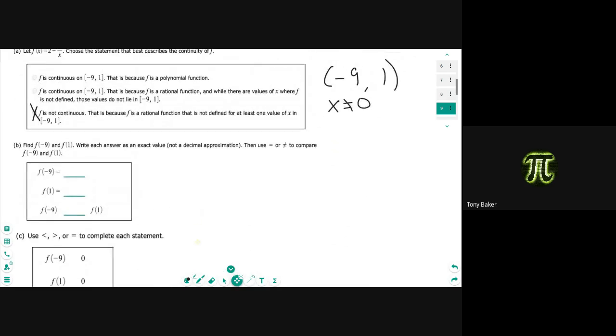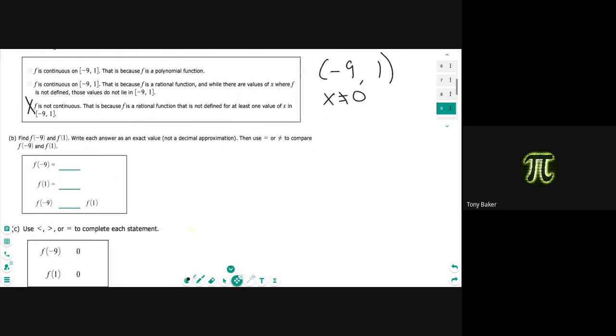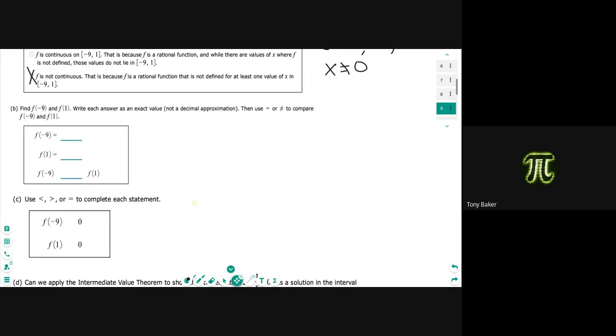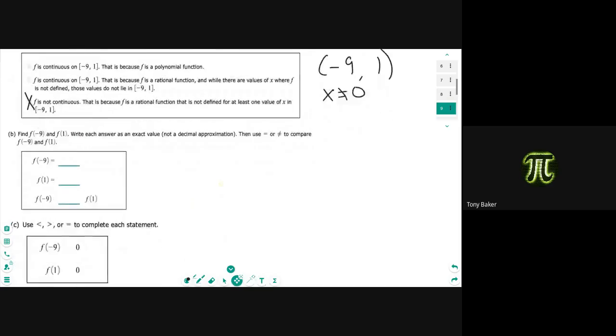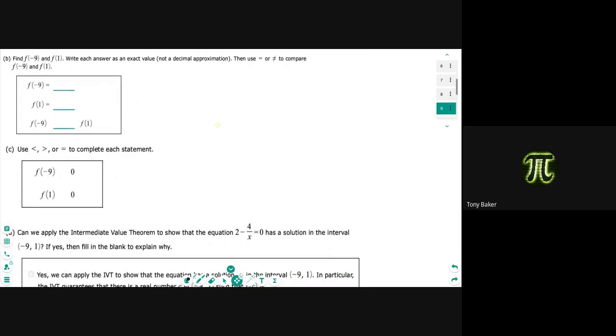But let's go through and do the other parts of this one just to see how the rest of them work. So what was it? 2. Okay, so I can check it out.